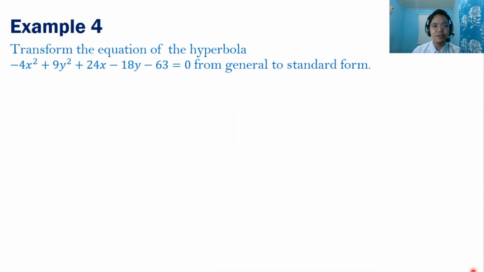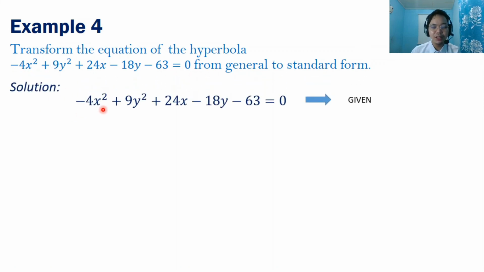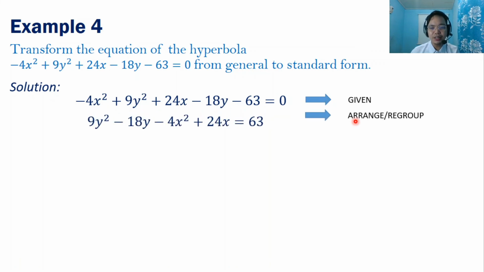Transform the equation of the hyperbola -4x² + 9y² + 24x - 18y - 63 = 0 from general to standard form. So let's have the given. So from the given -4x² + 9y² + 24x - 18y - 63 = 0, ang susunod natin gagawin dyan, or the first step, is to arrange or regroup.